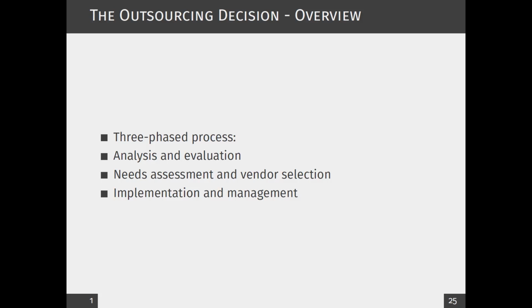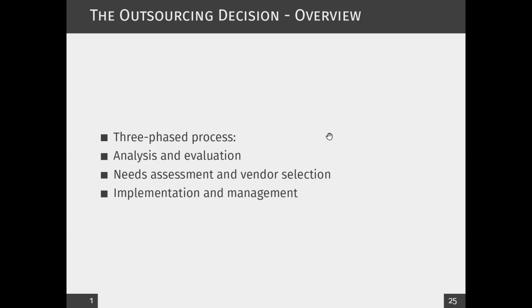So they have to customize their solution for us. Implementation and management take some time, depending on the size of the contract that we are going to give and the deliverables that we expect. So this is exactly the third phase.